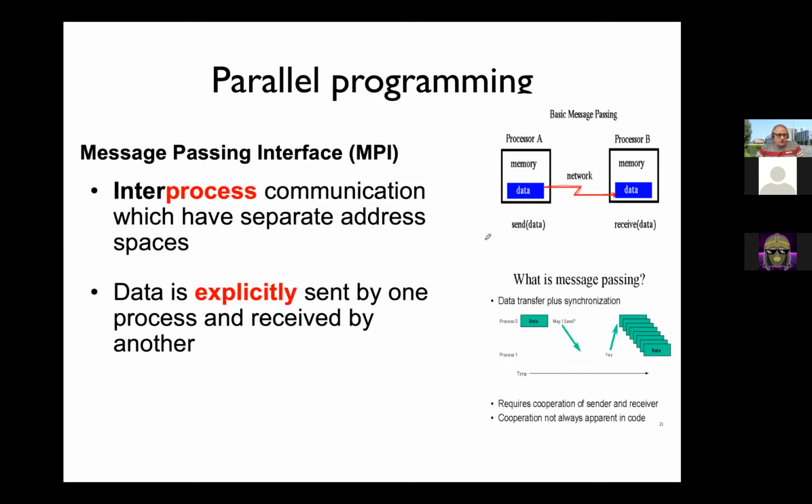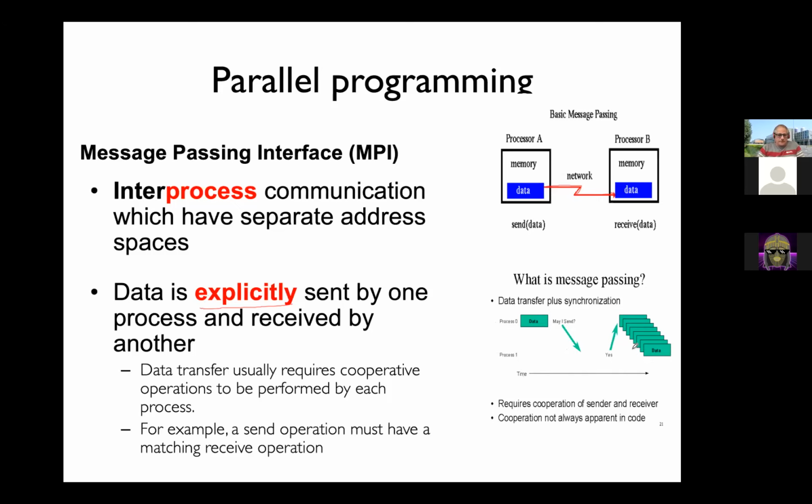This is an explicit send and receive operation that has to be programmed by the user. Process one sends the data to process two. There's an operation that sends, and the other one has to get the data, read it, store it somewhere, and progress in the execution.